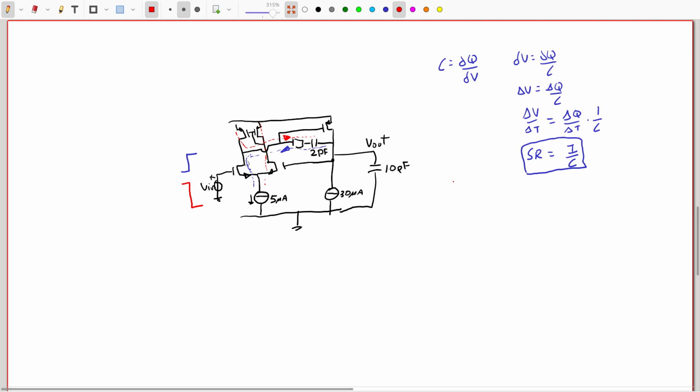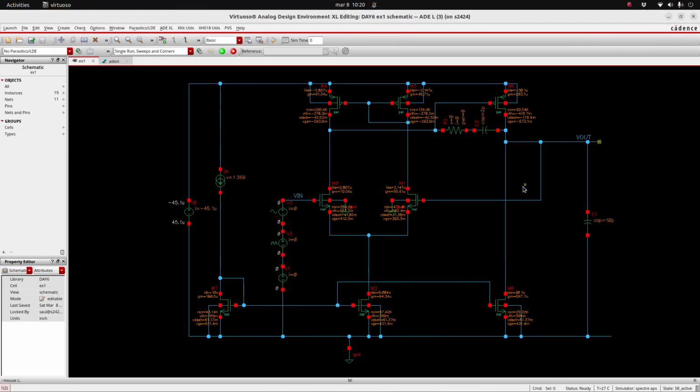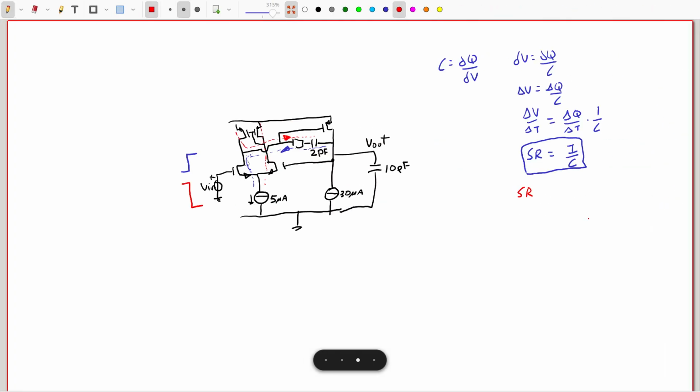So we can say this capacitor will charge, we put the compensation capacitor, and I think this is capacitor 3 here on the top. This capacitor 3 and this capacitor 1. Let's try to keep these values. This is C3 and this is C1.